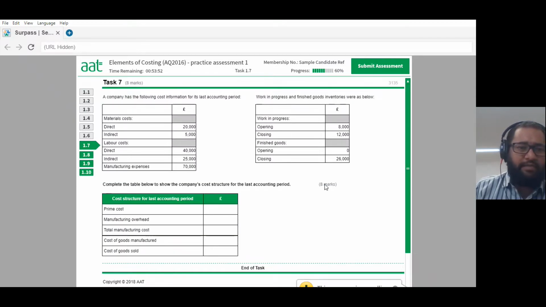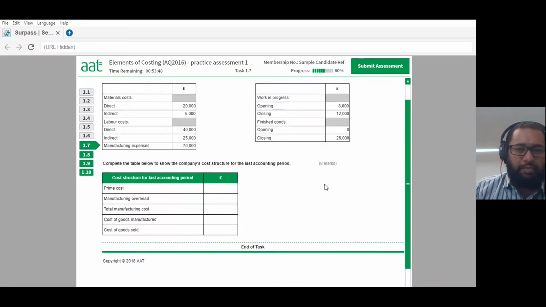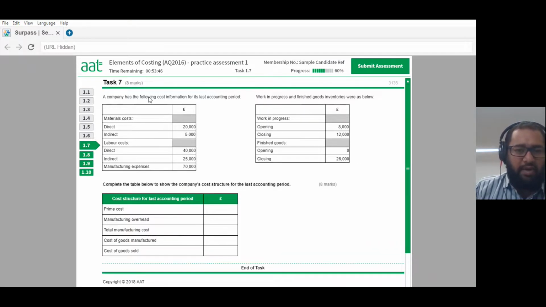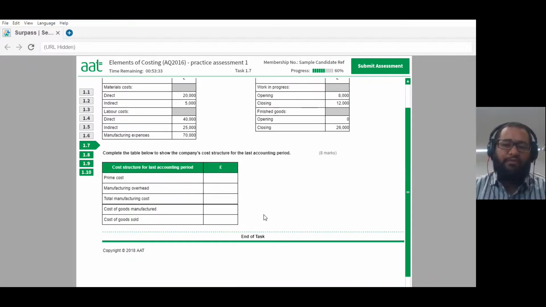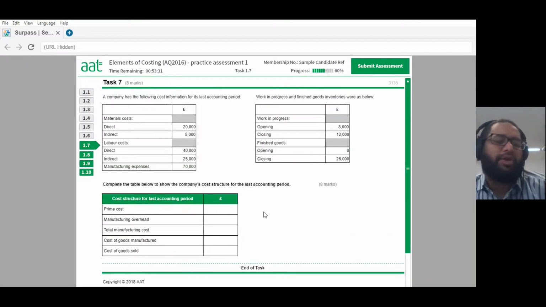So now the company has the following cost information for its last accounting period. Here we have direct costs and indirect costs of your materials, labor, and manufacturing expenses, and then some reconciliation of your work in progress and your finished goods. When it comes to your manufacturing accounts, very important, guys, follow the steps.